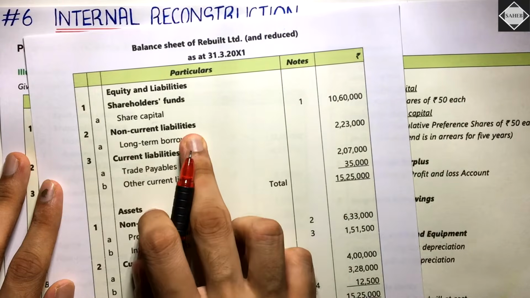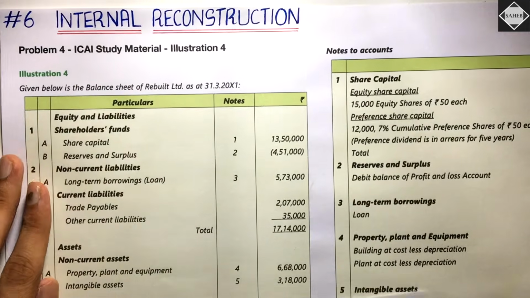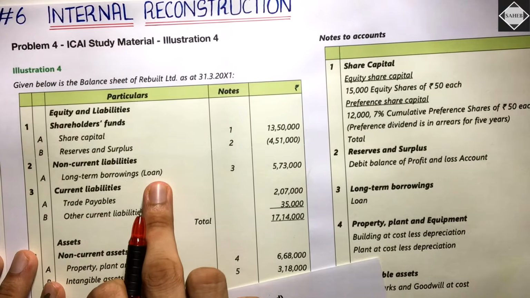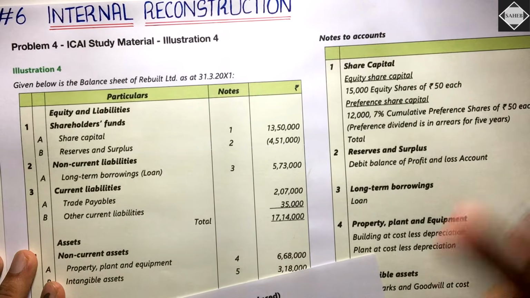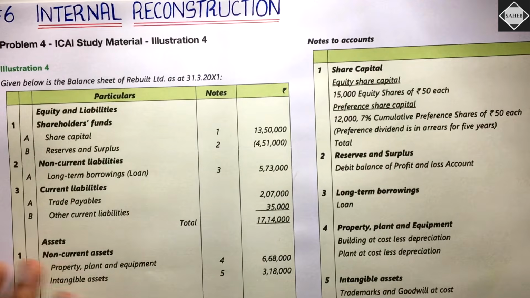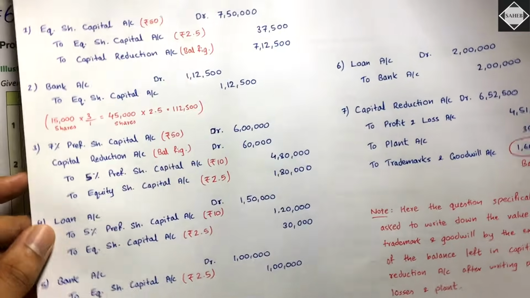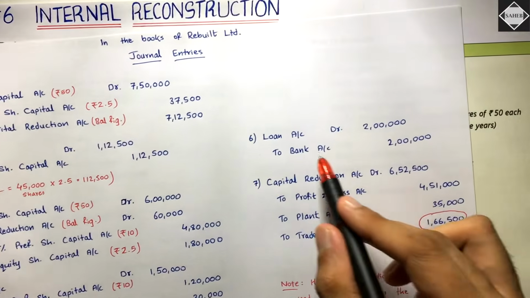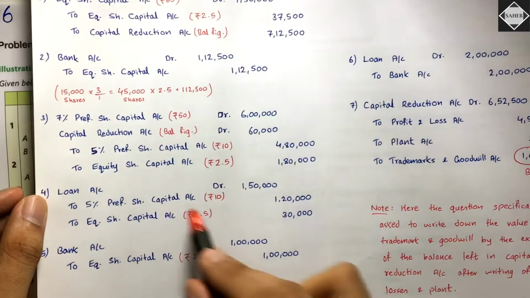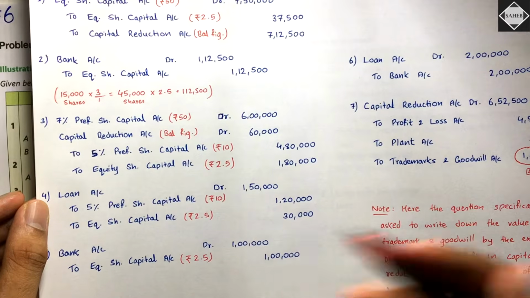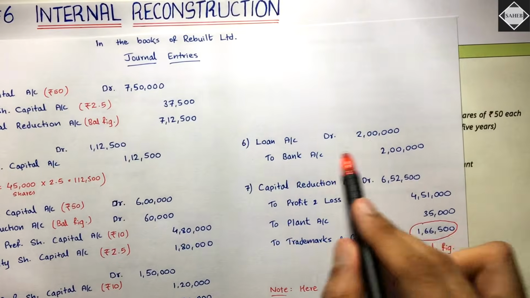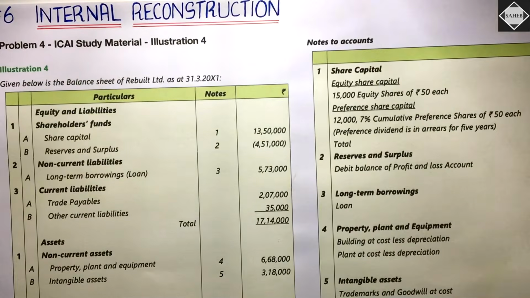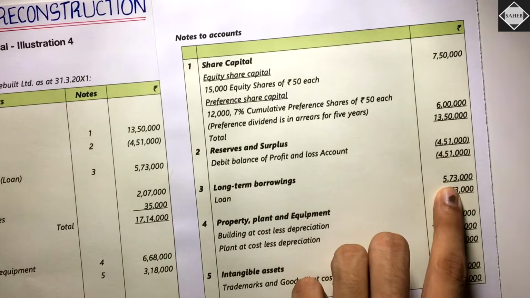And then non-current liabilities, long-term borrowings. In long-term borrowings we had only loan. Is there any change in loan? Yes. First, loan has been decreased by 1,50,000, because shares were given, so the liability was reduced. Then the loan has been paid off by 2 lakhs. Previously the loan was 5,73,000.